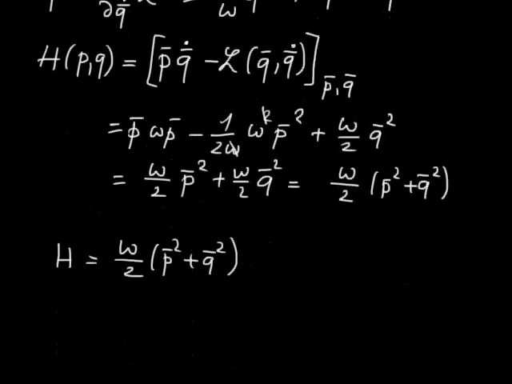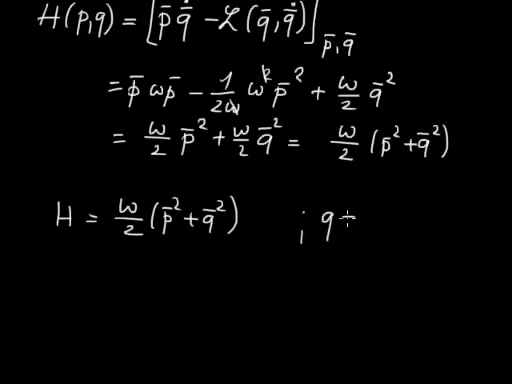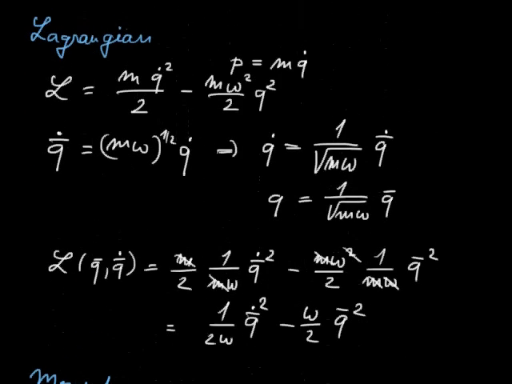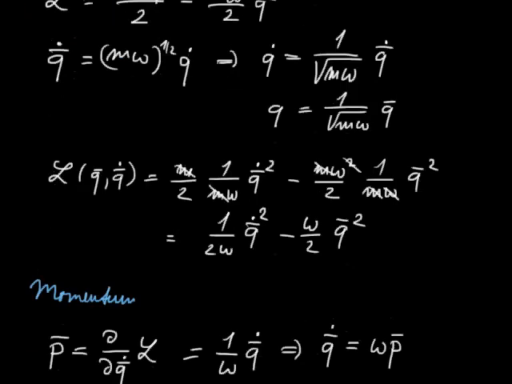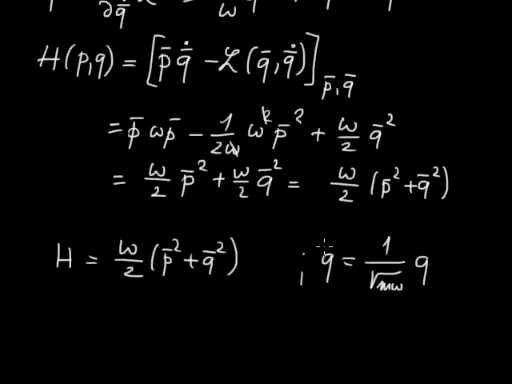It's q has been transformed into 1 over m omega q. It's just the opposite actually. The Q bar is the square root of m omega q.